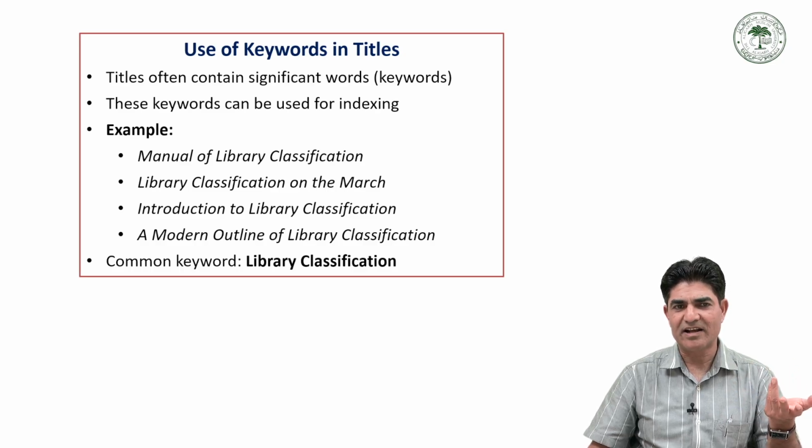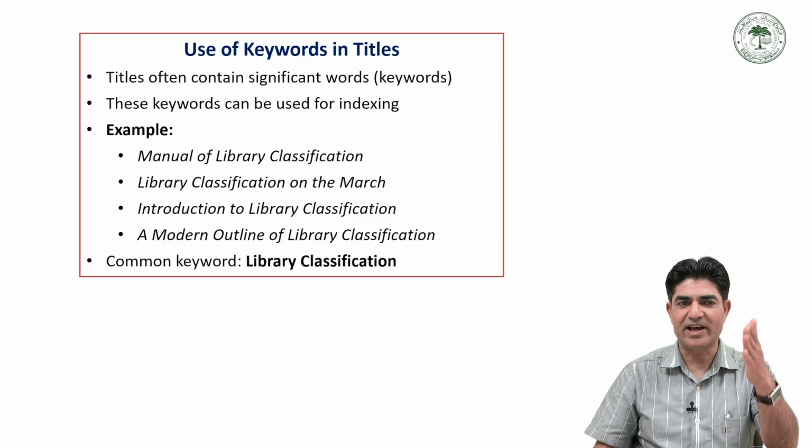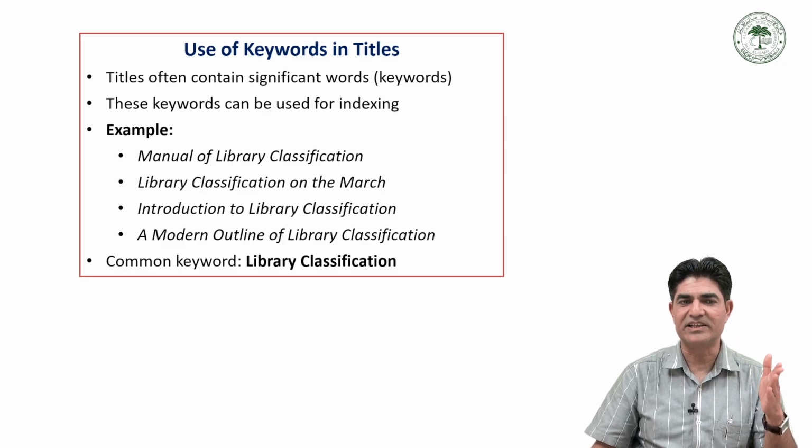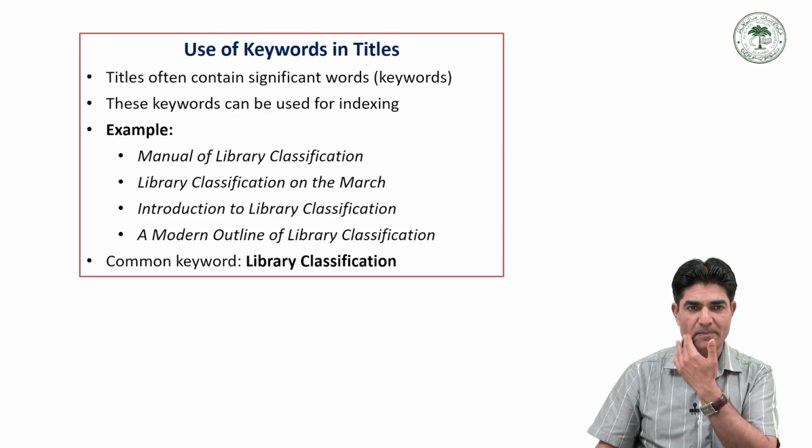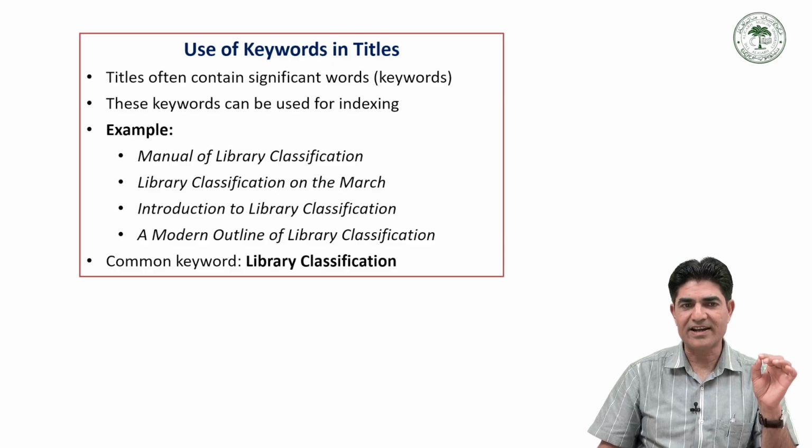So this is a fortunate situation that we have listed 5 titles, and these titles indicate a common subject and common keyword, that is library classification. So if all titles are basically indicating the main subject in the title, then it is easy to do the indexing using the same word, and we will be able to find the relevant document from the collection and from the information retrieval system.